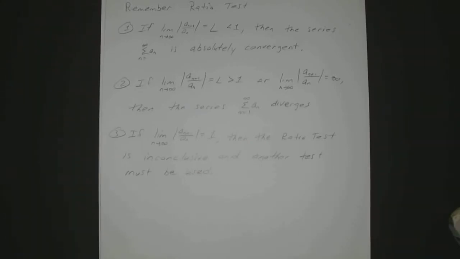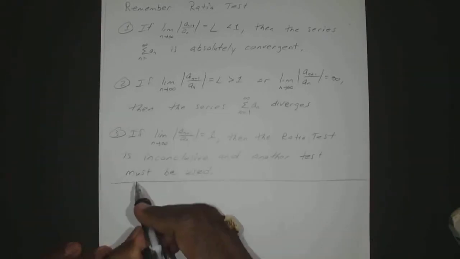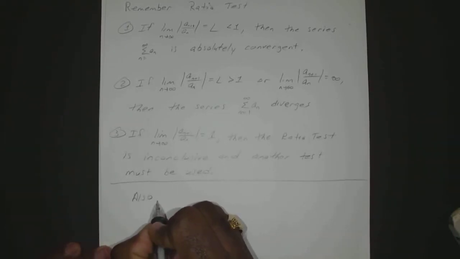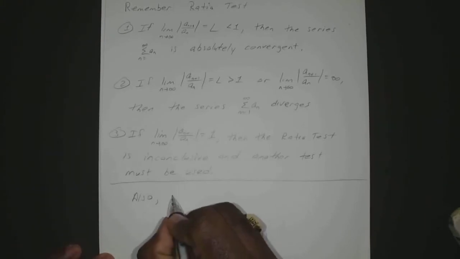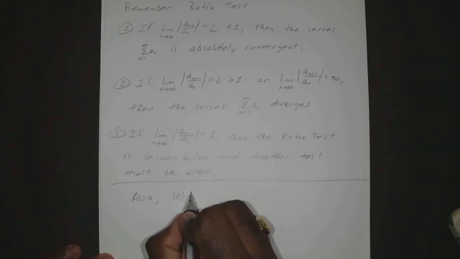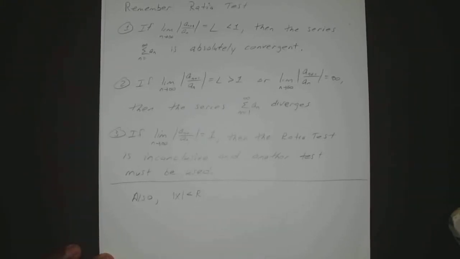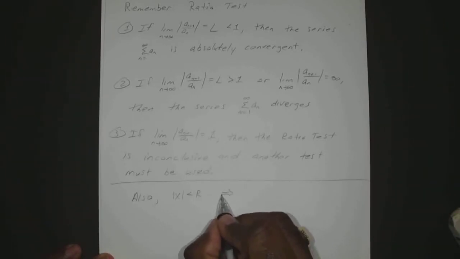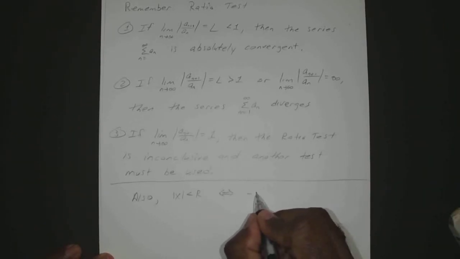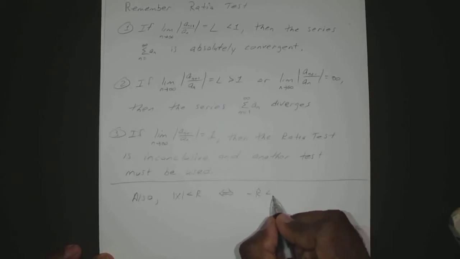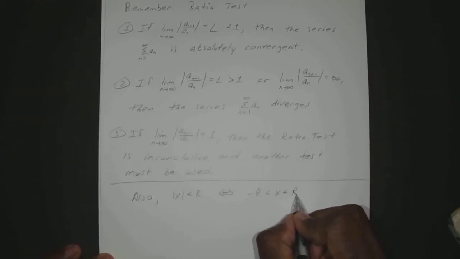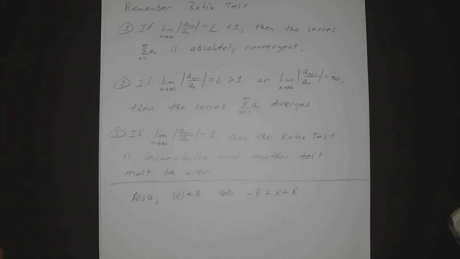Okay, so you want to remember your ratio test. And also you want to remember that absolute value of x, let's say if that's less than r, that's the same as saying x is between negative r and r. Because both of these are things we're going to use to solve the next couple of problems.